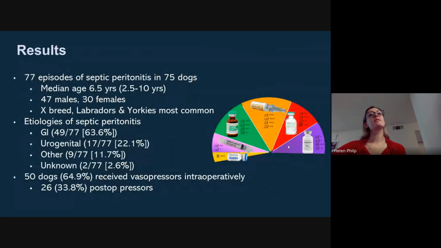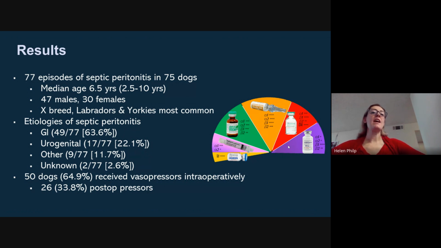And so in terms of results of this paper, they reported 77 episodes of septic peritonitis in 75 dogs. So 2 of the dogs had 2 episodes of septic peritonitis. They report a signalment. In terms of etiologies, the majority were gastrointestinal in origin, and in around 1/5 of them urogenital. 50 dogs received pressors intraoperatively, and 26 dogs post-op.